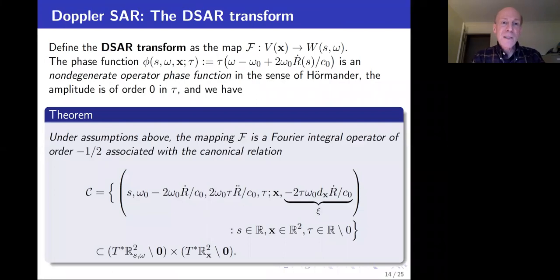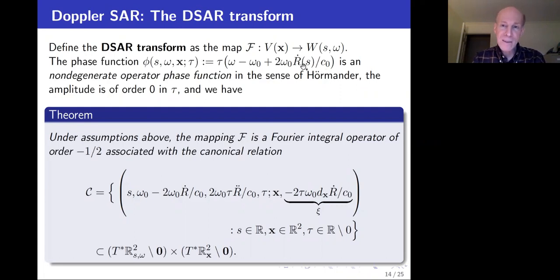So this leads us to the DSAR transform. So this is the map which takes the scene v of x, the thing we're trying to image on the Earth's surface, to this windowed Fourier transform of the data, which is w of s, omega. And it has a phase function phi, which is a function of the spatial and temporal variables s, omega, and x, and then the one phase variable tau, and it's simply tau times this smooth function of the other variables.